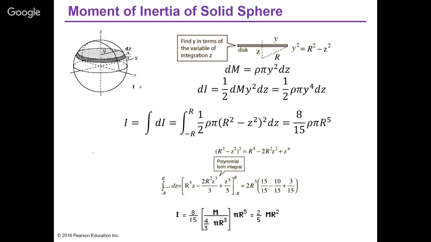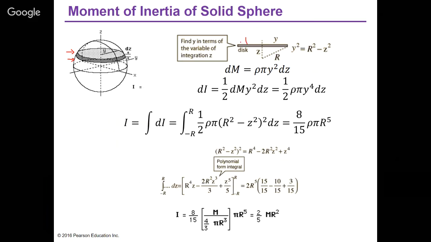What about the case where we have a solid sphere? You can think about the rotating axis as the z-axis. What we can do is chop this solid sphere into a series of little disks, an infinite series of little disks.